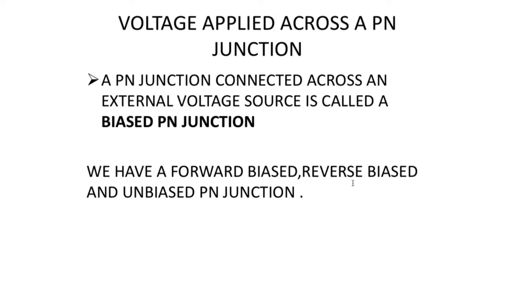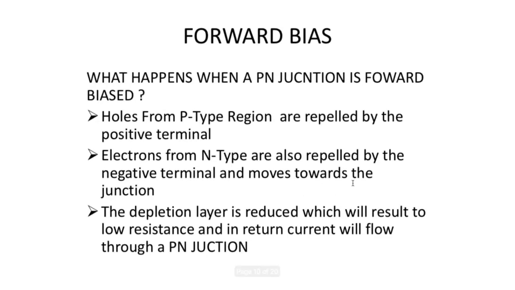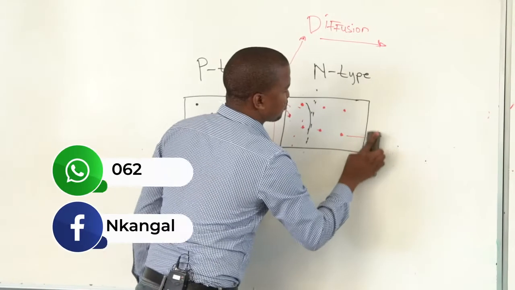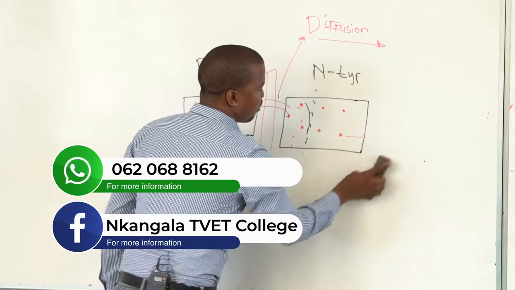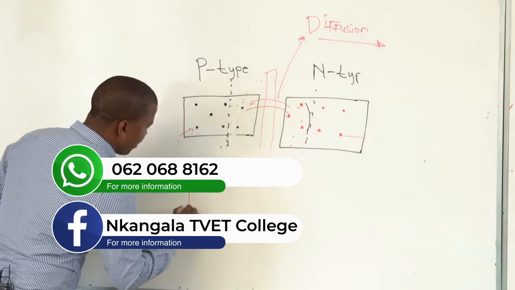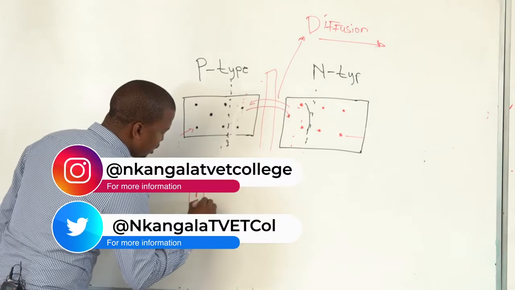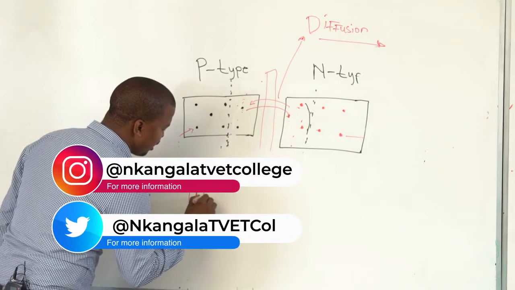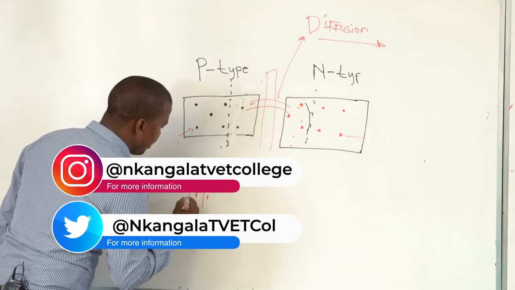On a forward biased, in this case, what they are saying is that, let's power our p-n junction. I'm introducing here a voltage source.